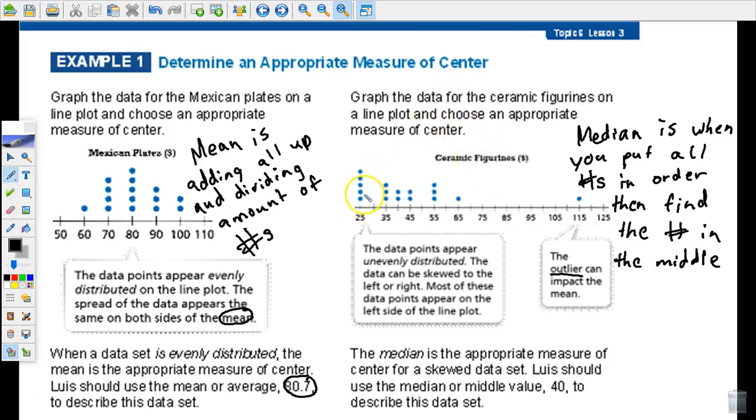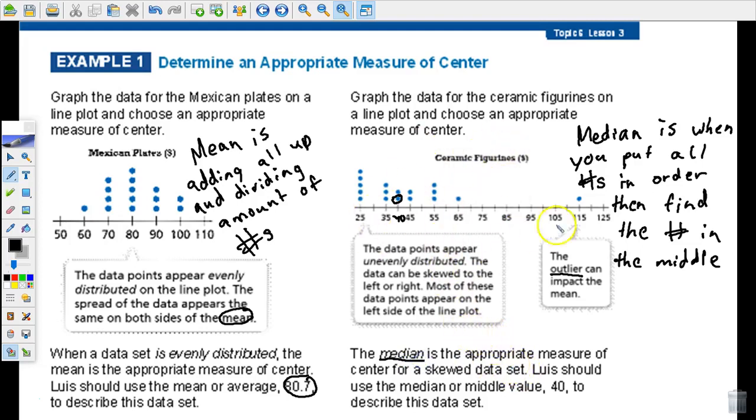Okay. 1, 2, 3, 4, 5, 6, 7, 8. This would be my median. Let me just check. 1, 2, 3, 4, 5, 6, 7, 8. So my median would be 40. That's what this number is because they're going by fives. And it does look like the median. It is more towards the middle than what the mean would be with 115 in there. Okay? That is why they choose the median.